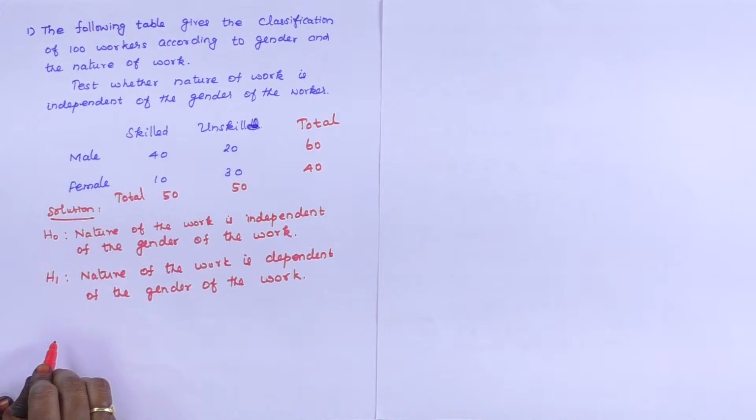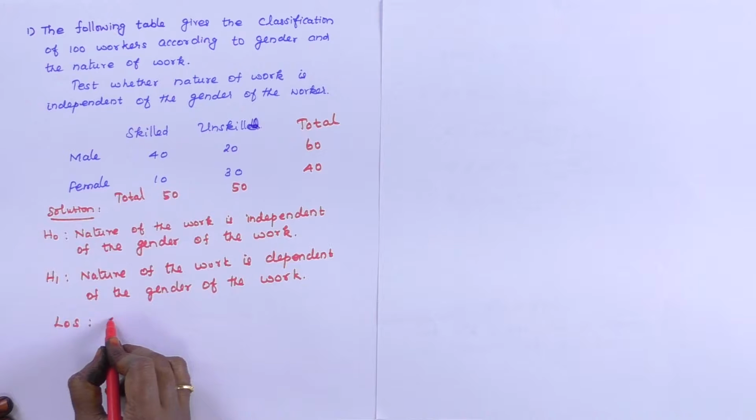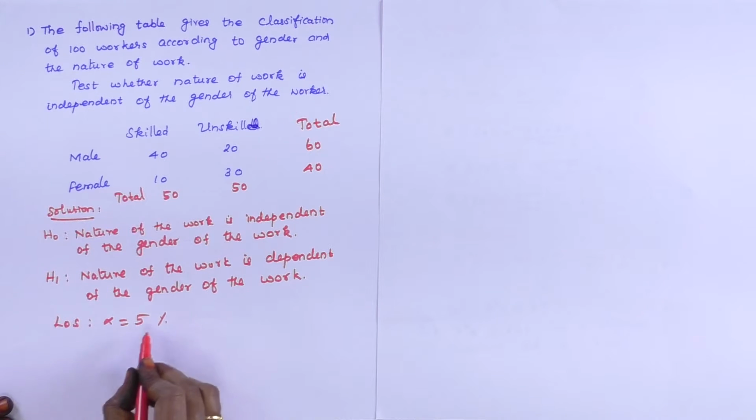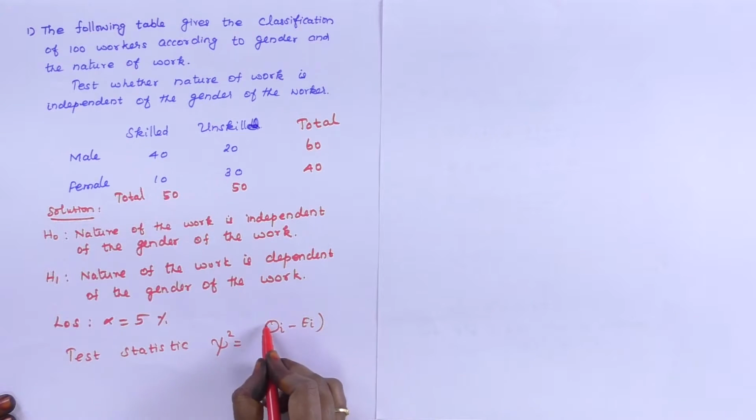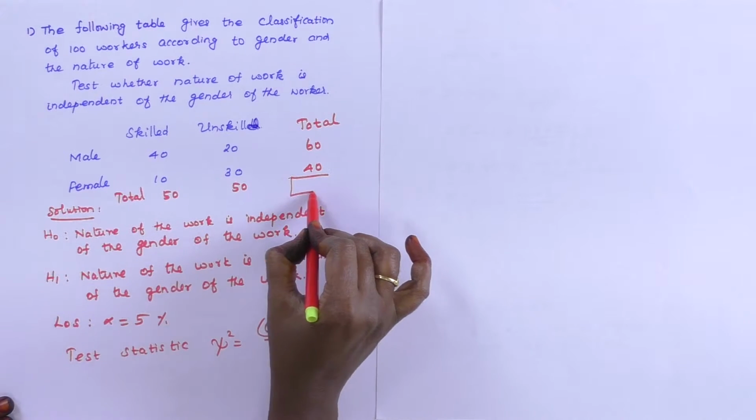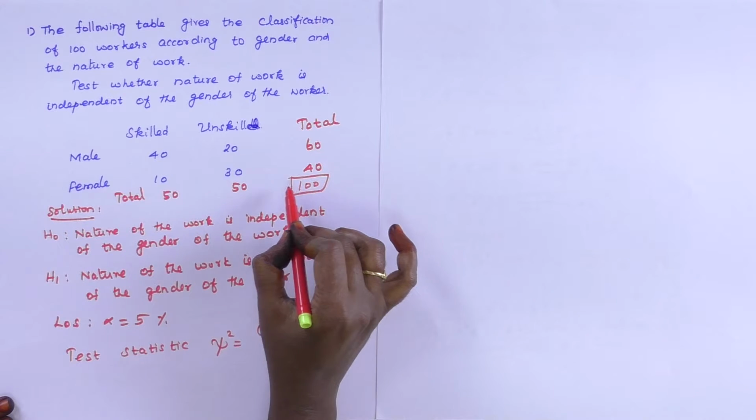Next we set up the level of significance, alpha equal to 5% level. And we know the formula for the test statistic, that is the sum of Oi minus Ei the whole squared divided by Ei. Now we want to calculate each term of Ei. The total sum of the row-wise and column-wise totals gives 100, that is our capital N.